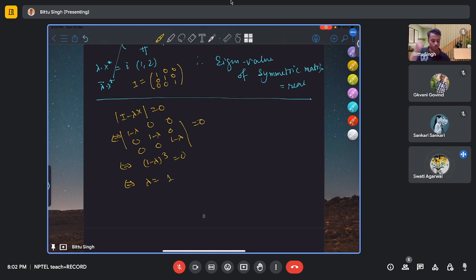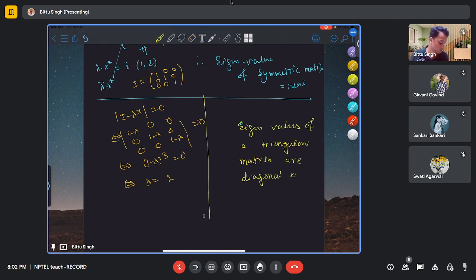And from here you can also observe the following interesting thing, that the eigenvalues of a triangular matrix are the diagonal entries.